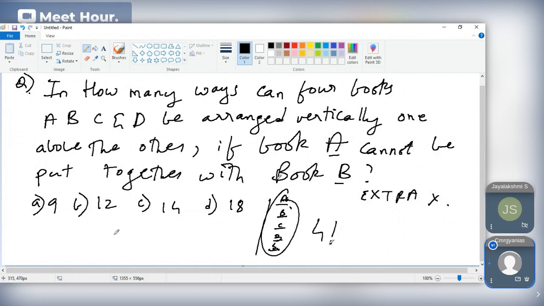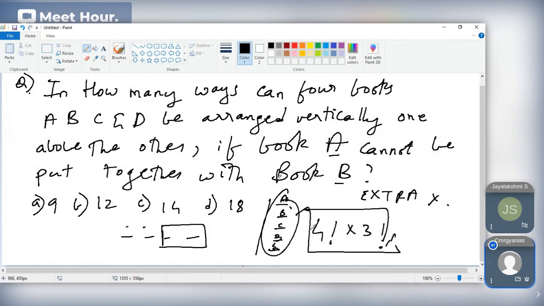Keep A and B together as one unit, so there will be 3 units, that is 3 factorial, into 2 factorial for the order of A and B. Sorry, I made a mistake.